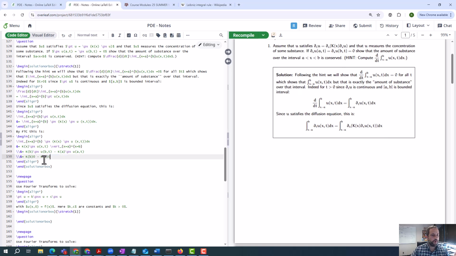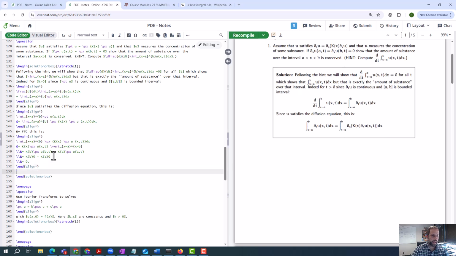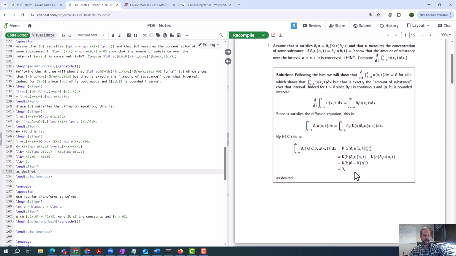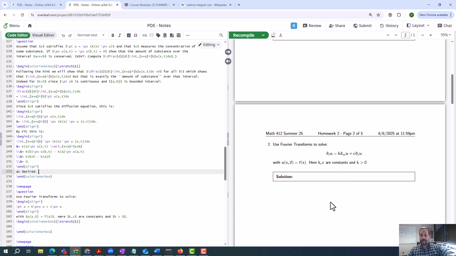What I mean here is the assumption is that these are equal to 0, really for all t to be more explicit, but it doesn't put any restrictions on t. And this is equal to 0, and that's what we wanted to prove. Just to let everybody know we're done, I like to write as desired here. Okay, that is the solution for that equation.